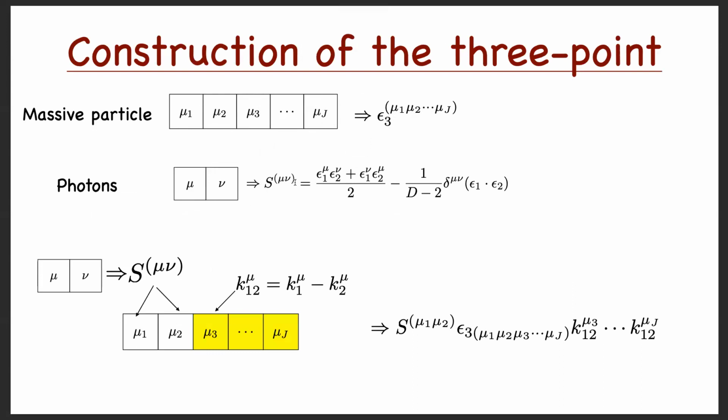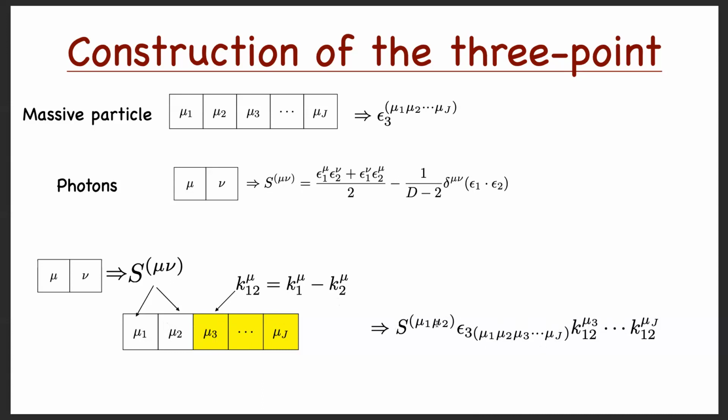The algorithm is that I have to construct this symmetric tensor with any of the indices, and since they are symmetric, I can contract any of the indices. The best thing I will construct is K1. And this is a valid structure for J even. J even is necessary for the boson.